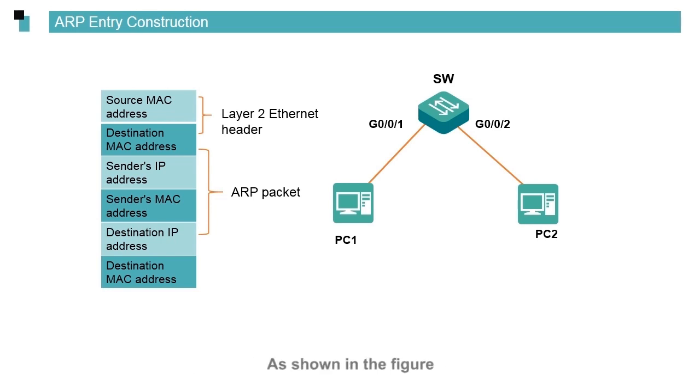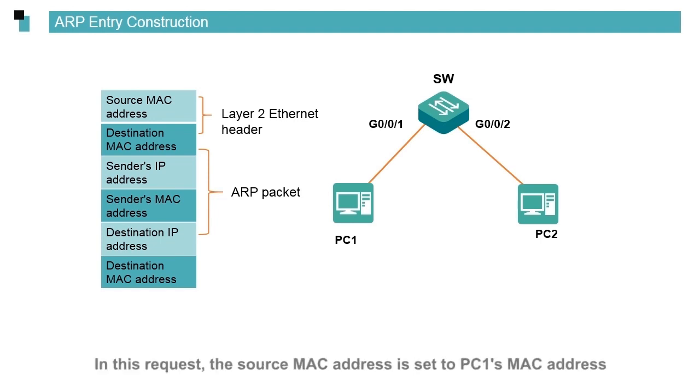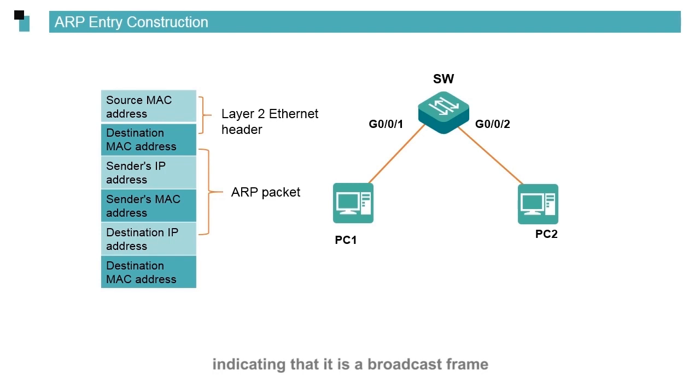As shown in the figure, when PC1 requests the MAC address of PC2, PC1 sends a broadcast ARP request. In this request, the source MAC address is set to PC1's MAC address, and the destination MAC address is set to all Fs, indicating that it is a broadcast frame.